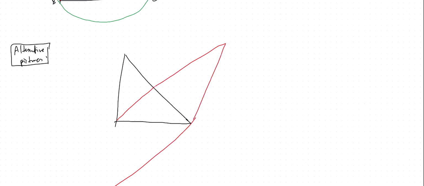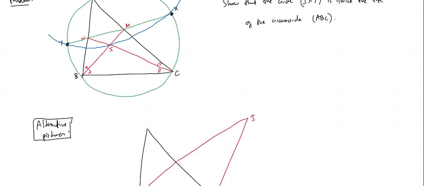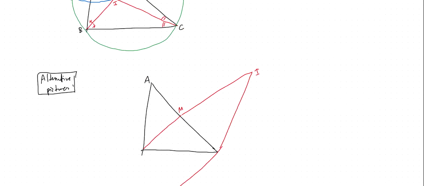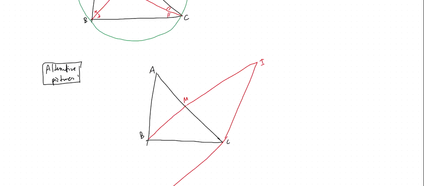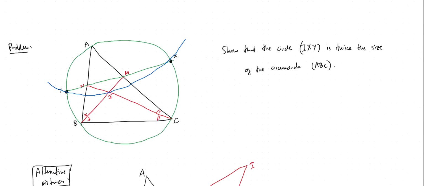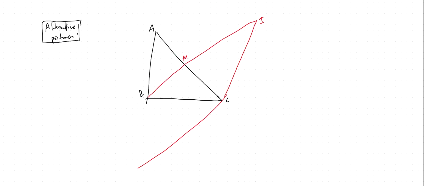So this is I, and this is point M. So you can have I here, then this would be M, and this would be N. M would be the same in this case, because it's the same internal bisector. I just took the same internal bisector. M would be the same, but N would be different, the other point.